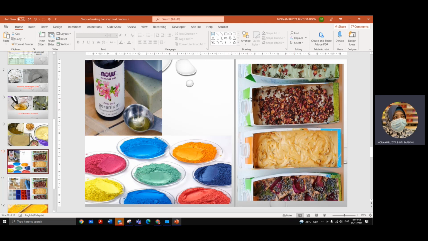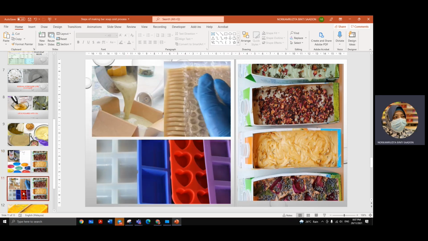If you don't have any container like these, take a look, silicone containers, you can use any container, but wrap it with kertas minyak or something like that. Or you can use any container, a milk container, a recycled container. It doesn't matter.